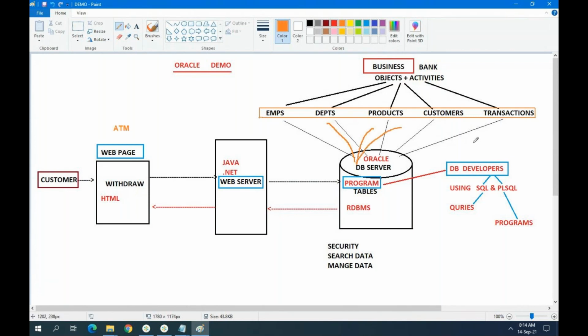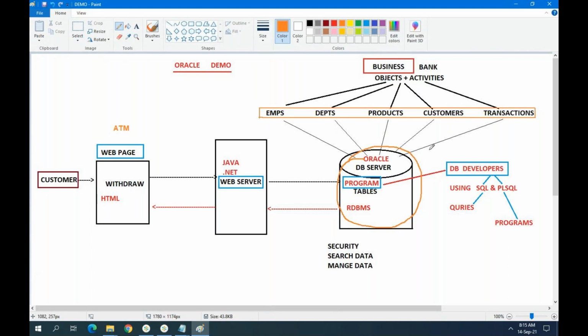Now, for the business, what is the advantage of storing data like that? Advantages: the data is secure and the data is accurate.